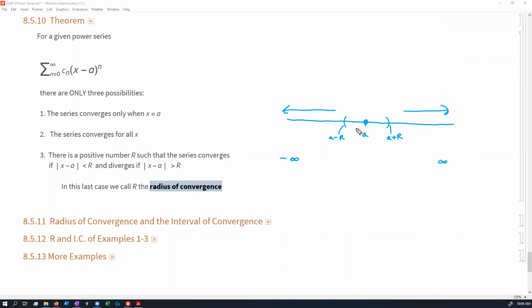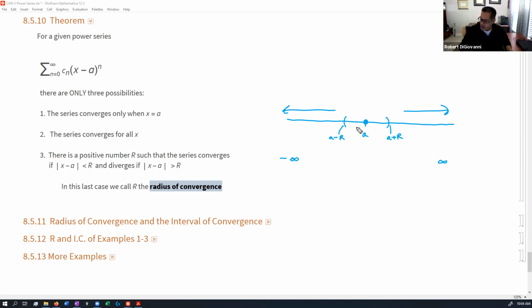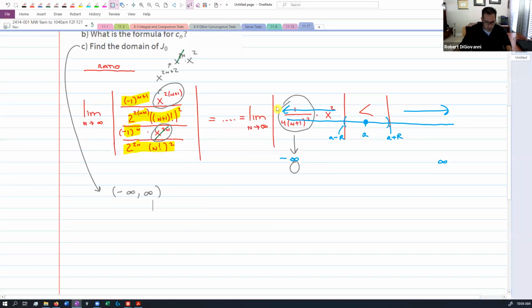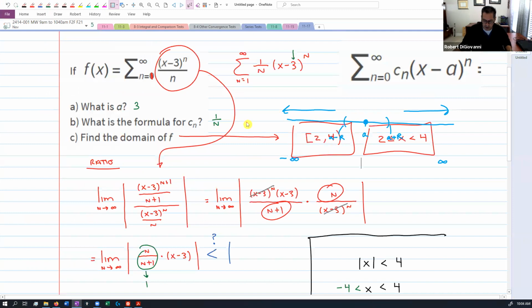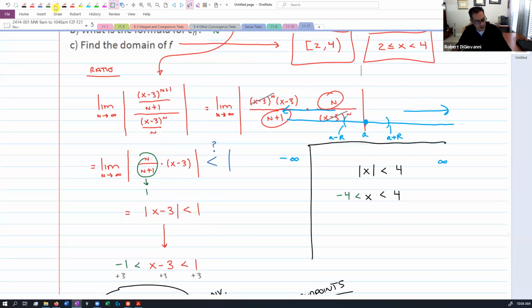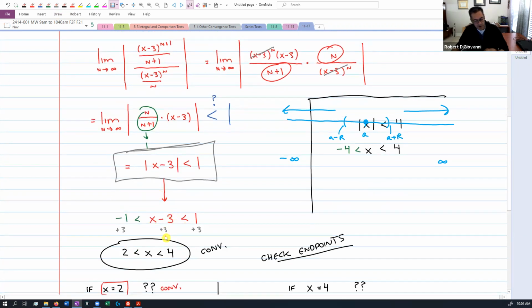Got it? For the example we did that had an interval, can y'all tell me what capital R was? Let's go, what was the one that had an interval? This one had that interval. When we got down to this inequality right here, before we split it up, doesn't that look like the absolute value of x minus a less than some number, capital R?